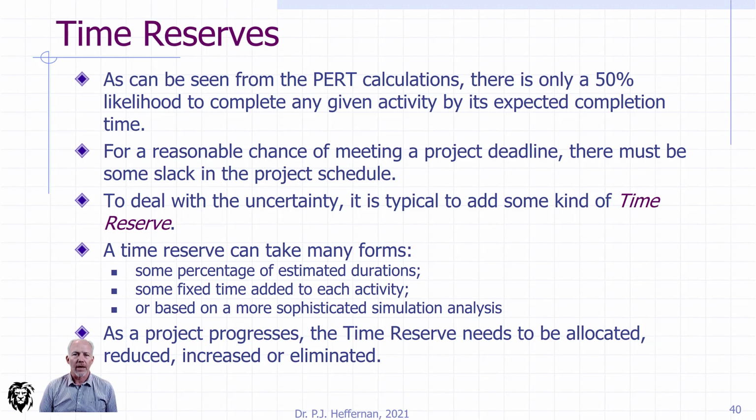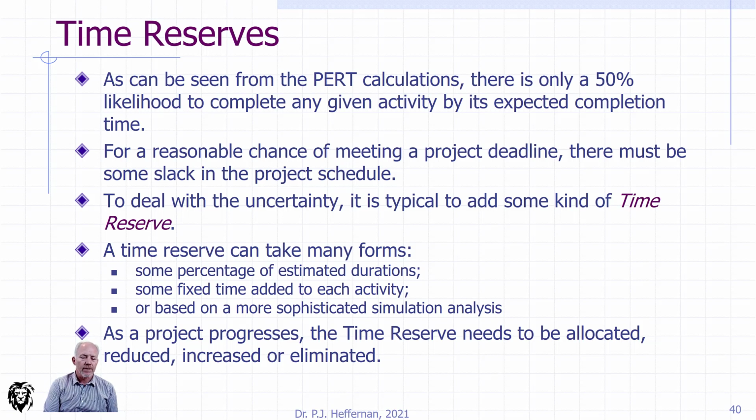We can't just rely on chance that our project is going to stay on time, particularly where activities are lined up and we're going to schedule resources and everything else based on the predecessor activities being finished on time. So we're going to have to manage that uncertainty by having a time reserve.